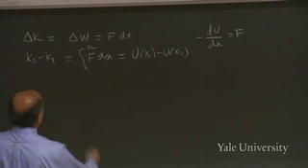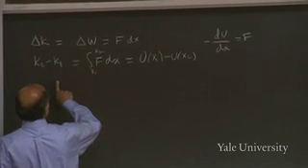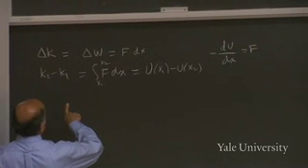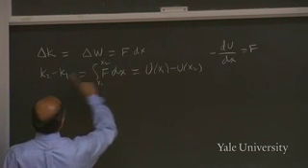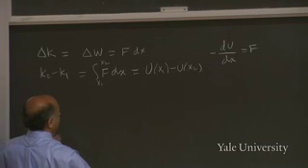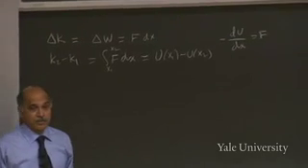Then it's very simple now to take the U1 to the right-hand side, K1 to the right-hand side and U2 to the left-hand side to get K2 plus U2 is K1 plus U1, and that's conservation of energy.